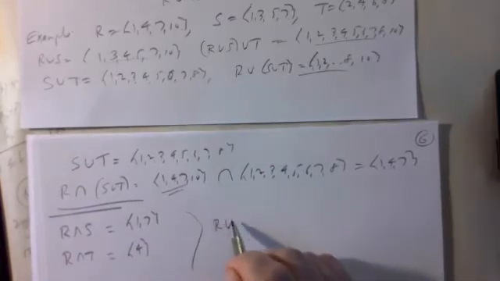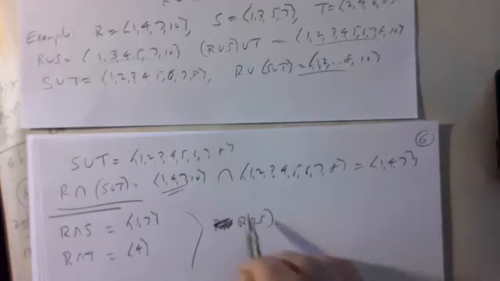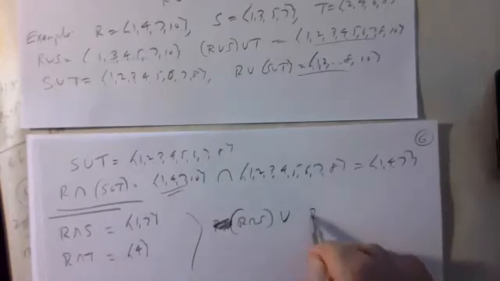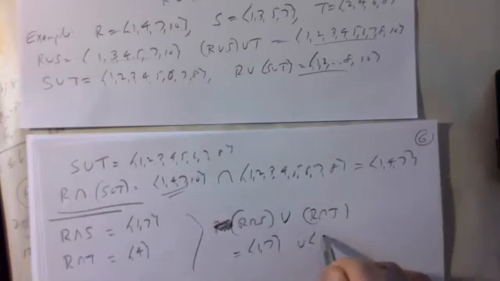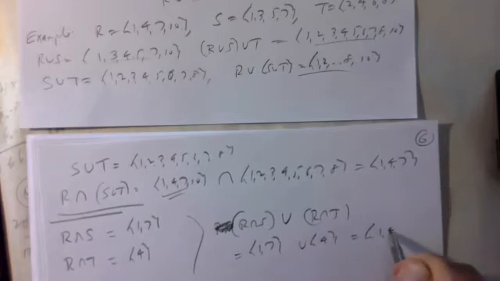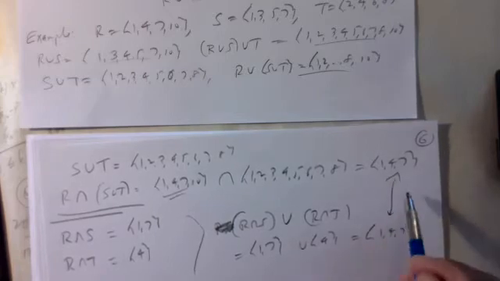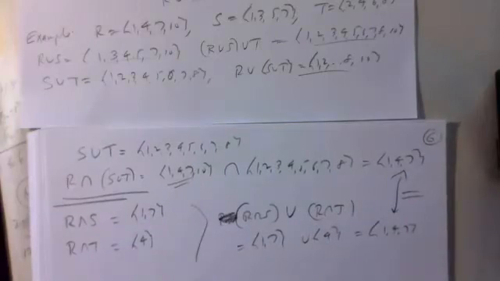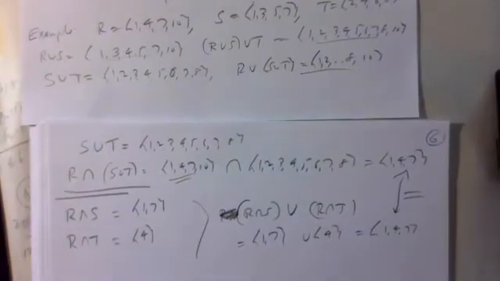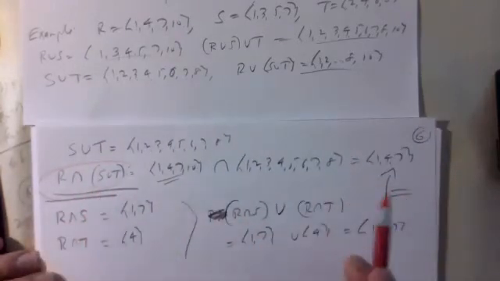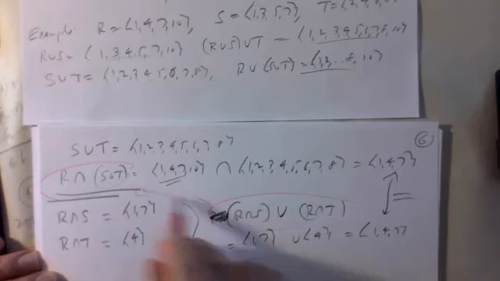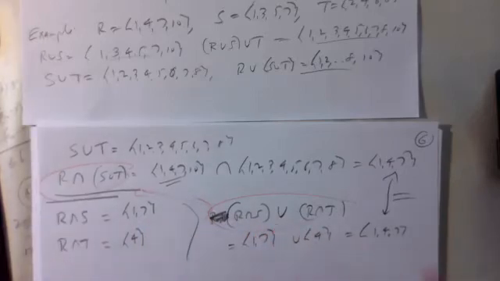So if I take R intersect S, union R intersect T, that's the set 1, 7, union the set 4, that's 1, 4, 7. And you see, these are equal. So in this example, R intersect S union T is the same as R intersect S union R intersect T.